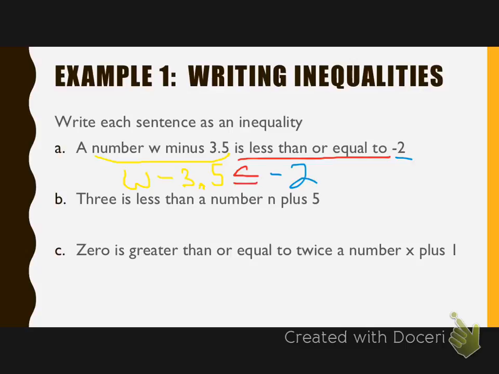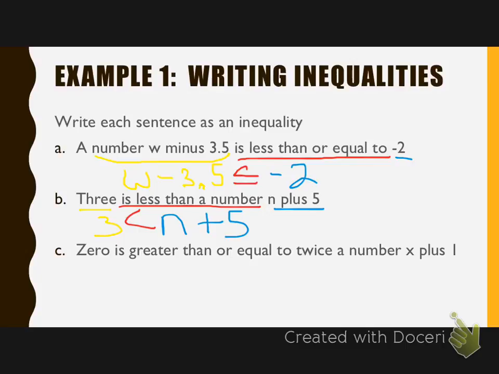So let's look at the next one. 3 is less than a number, so less than, and then we have our other side here that says n plus 5. N plus is addition, 5. So just pay attention to the words and you'll get it.